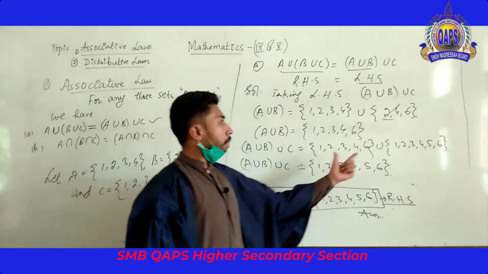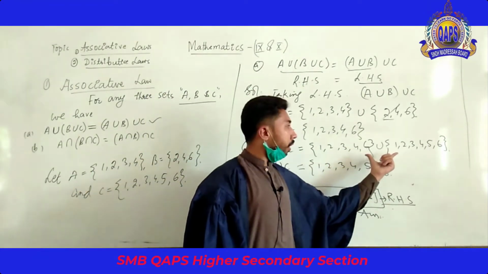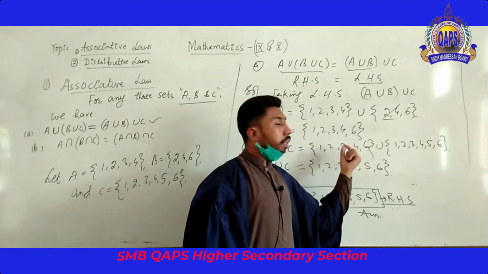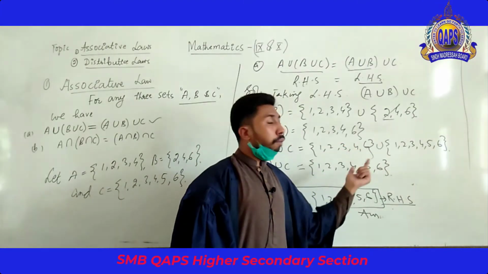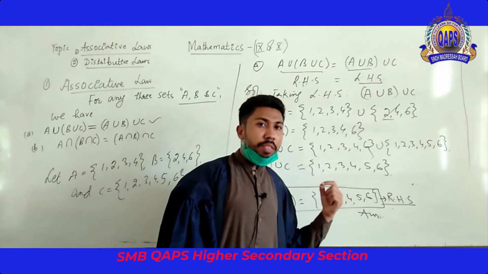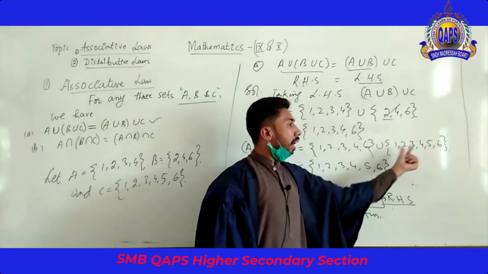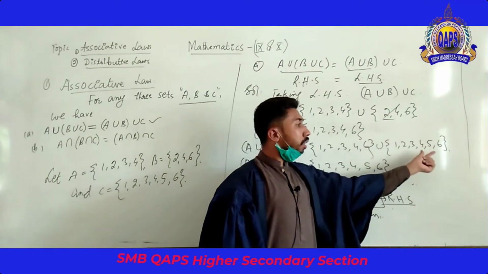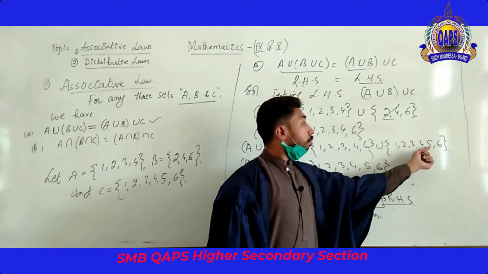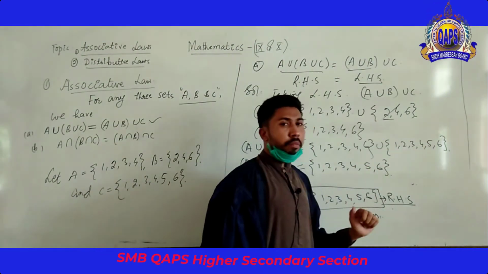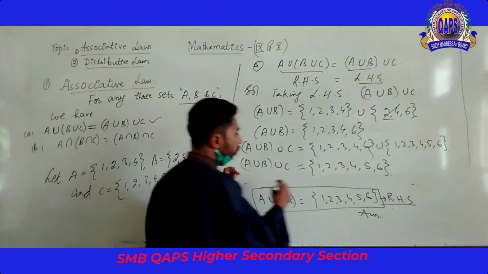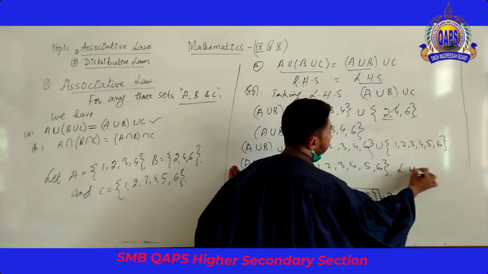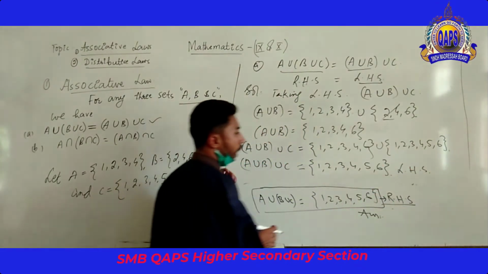But in both sets, any set containing a different element from the other set, we include that number. So here 5 is not included, but here 5 is already present, so that's why we included 5 here.